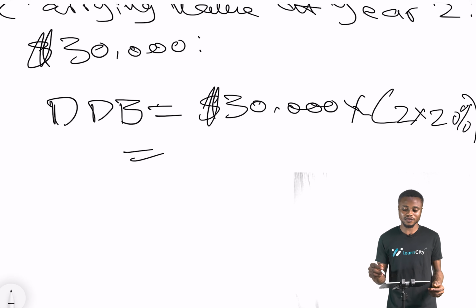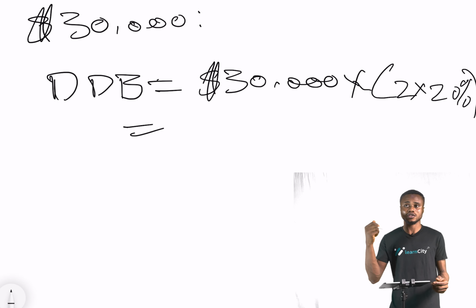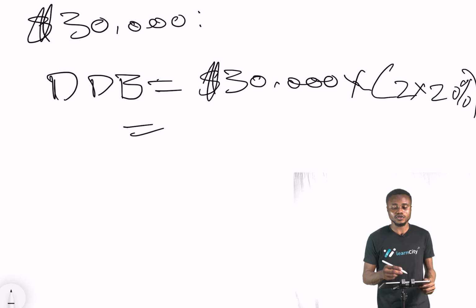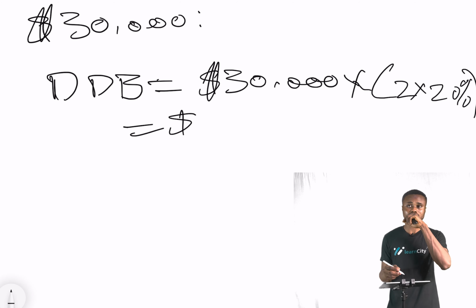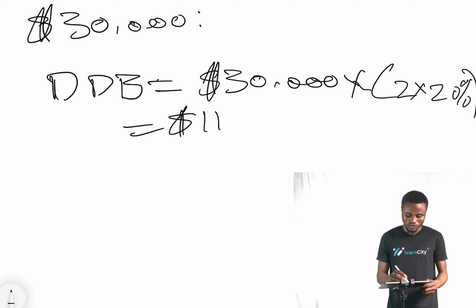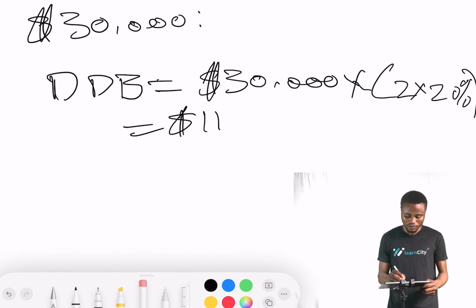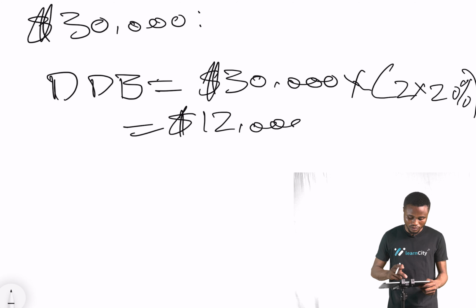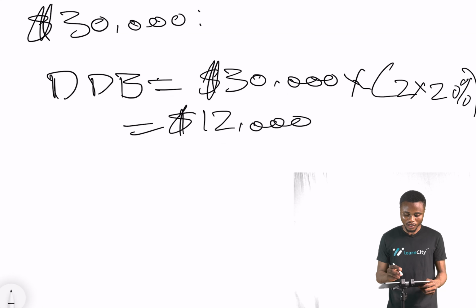You break the percentage down, it is 0.2. So if you do this simple arithmetic, what you're going to get is 12,000 US dollar. That is for year 2.